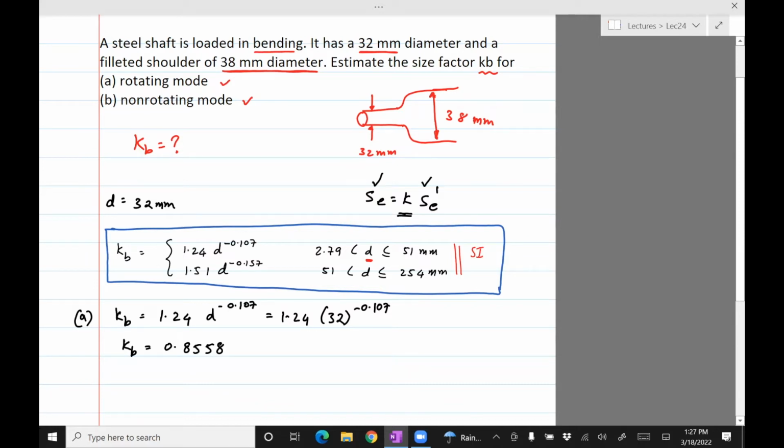But if you solve it based on the 38 mm diameter, you'll see that KB is actually lower than this value. But when you do the calculation, eventually you'll see that it's this one which matters more than the 38 mm, because if you remember, the stress is inversely proportional to the diameter cubed or something like that. So the diameter has a bigger effect than the size factor KB.